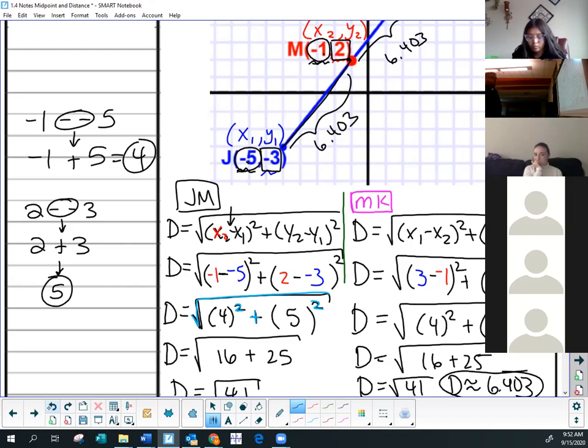Okay, and so this is an example of what your work could definitely look like. What questions do you guys have about the process of using the distance formula with either of the two examples?